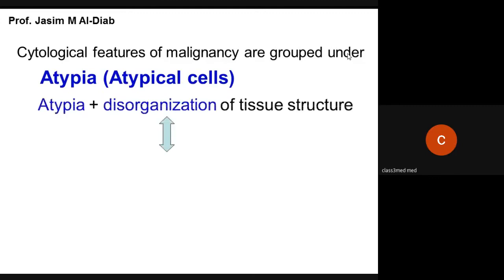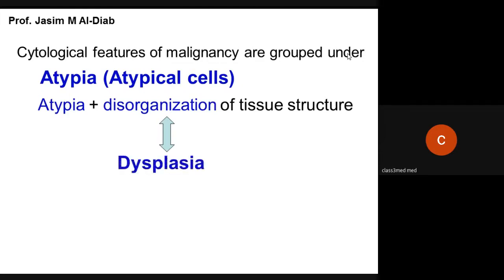When this atypia is combined with the disorganization, disarrangement, loss of the normal architecture, loss of the normal alignment, orientation or arrangement of the tissue, when it is combined with cellular atypia, we use the term dysplasia.